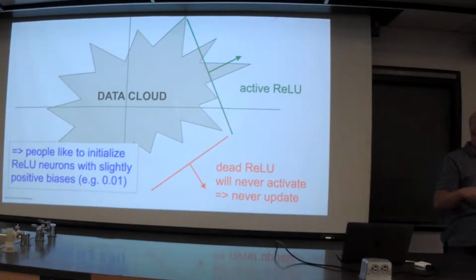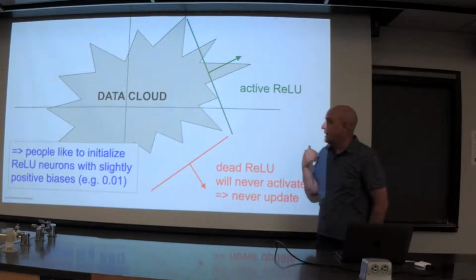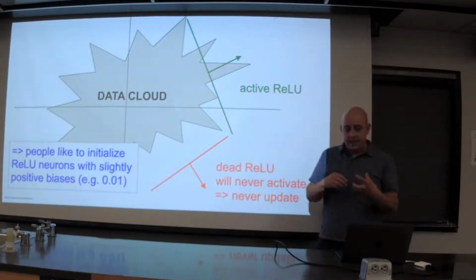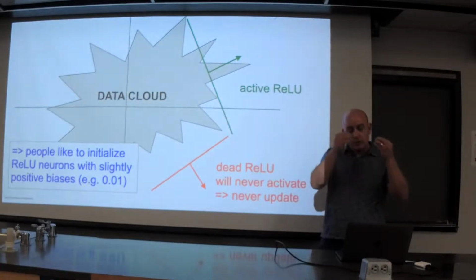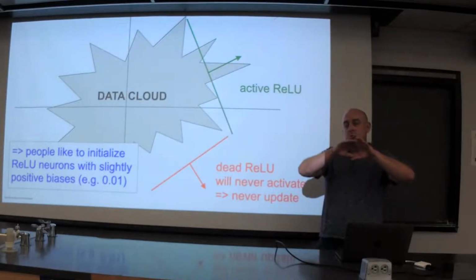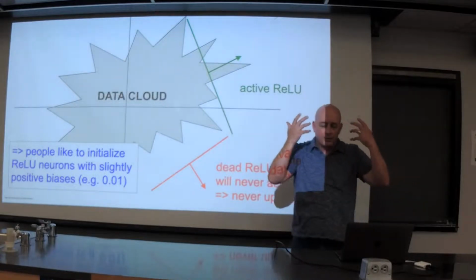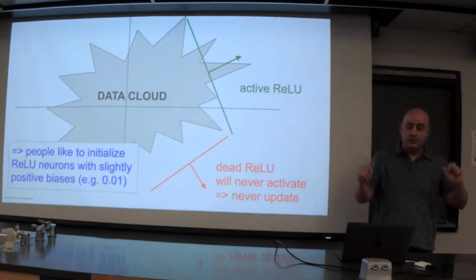So what's one of the ways that we deal with this? The way that you deal with this is that you choose your weights in such a way. Remember, when you start training, the typical way to start is to randomly initialize your weights.